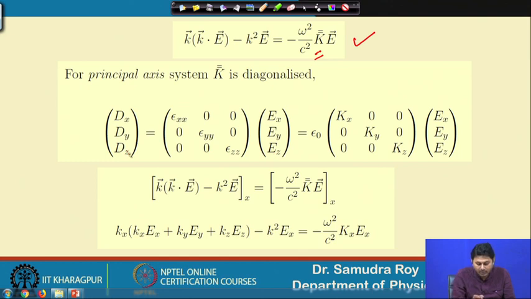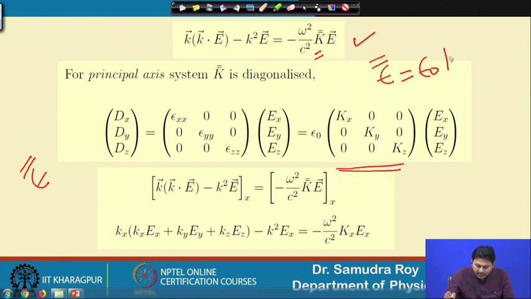This is the very old equation in the principal axis system. We know that this epsilon double bar, this tensor quantity, can be diagonalized, so the diagonal elements are epsilon xx, epsilon yy and epsilon zz. These things can be replaced by k, because epsilon double bar is equal to epsilon 0 times k double bar.